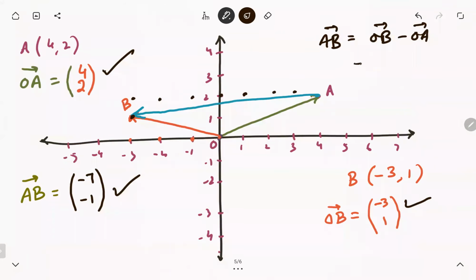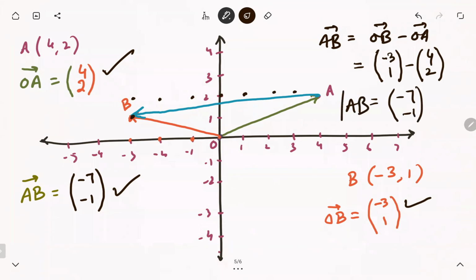So what is OB? Your OB is -3, 1 minus what is OA? It's 4, -2. Just use your matrices subtraction. -3 minus 4 is -7. 1 minus 2 is -1. Yes, we got the same vector.